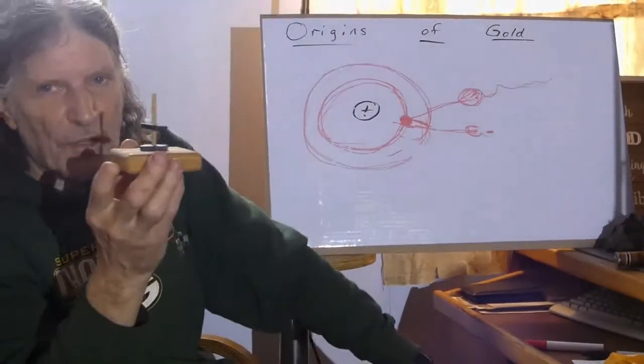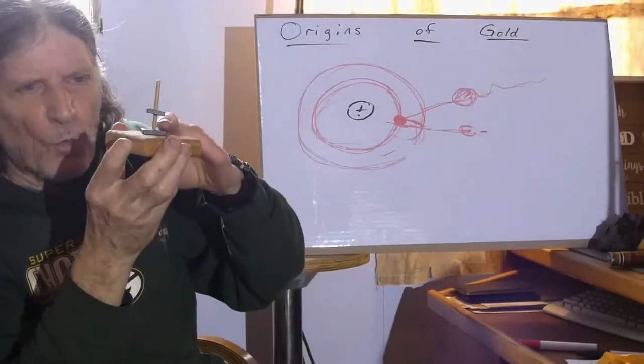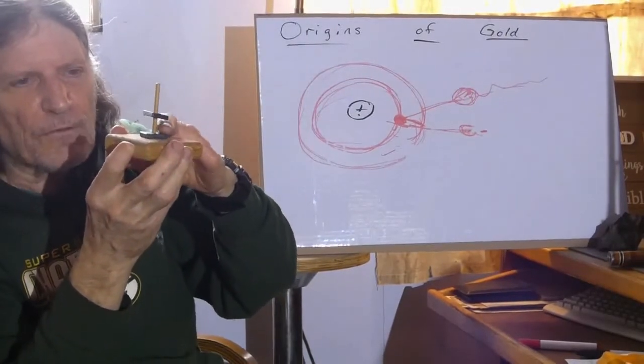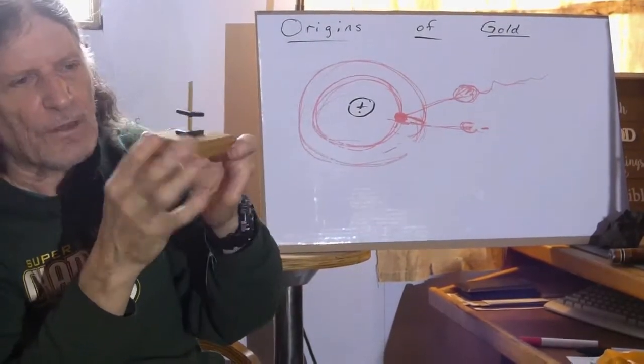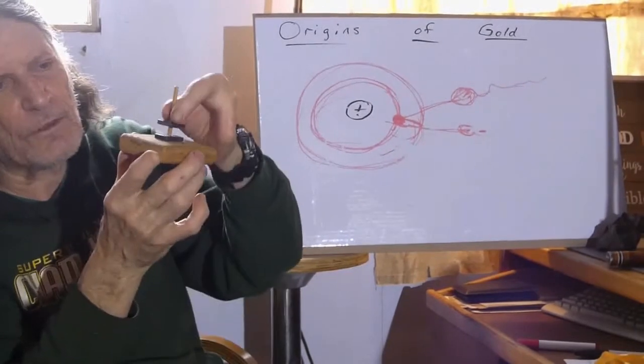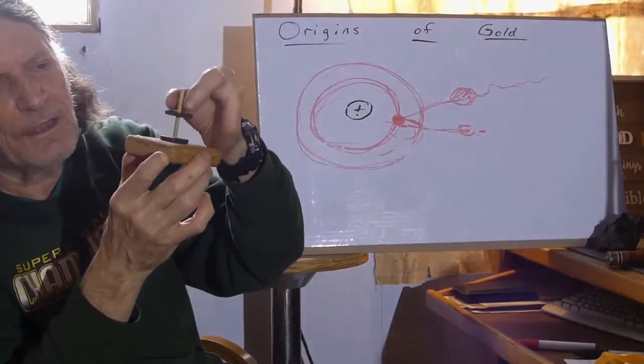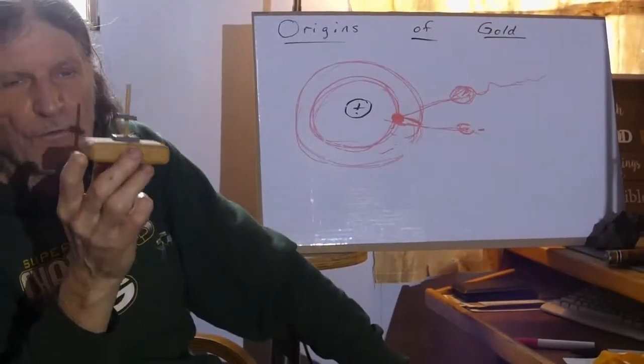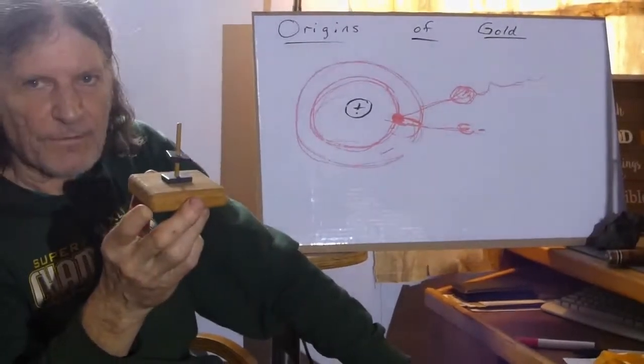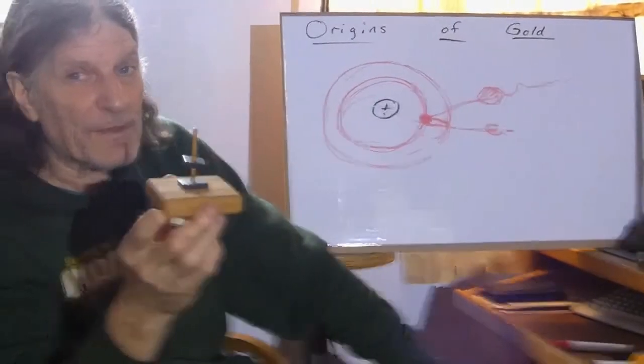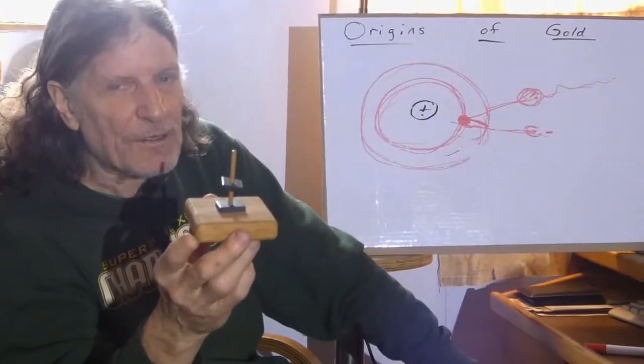Now, nobody can tell you what this invisible force is between these two magnets. There's a magnetic force. You can see they're not coming together. That demonstrates there's a magnetic force. Nobody knows what that is. They know how to make it.